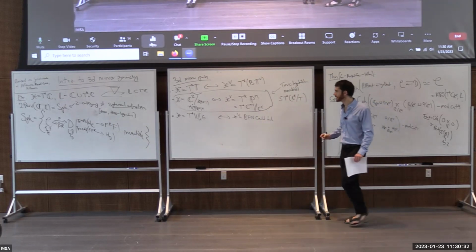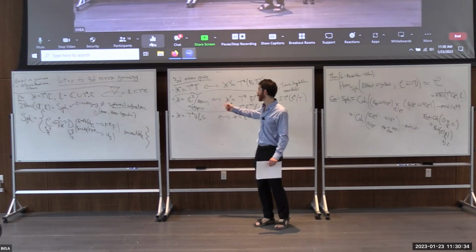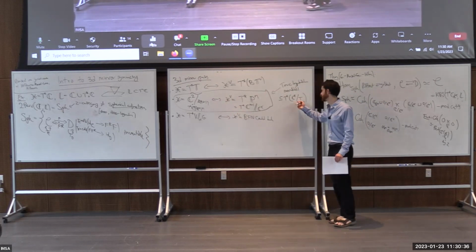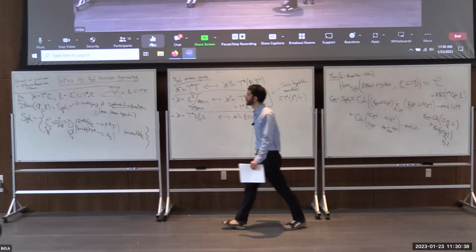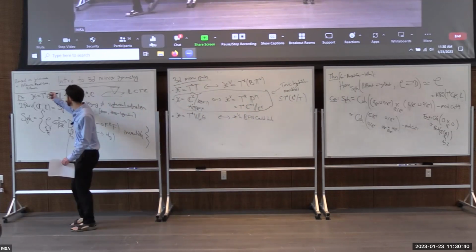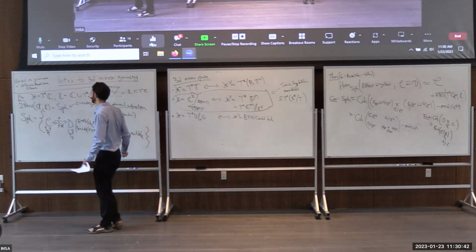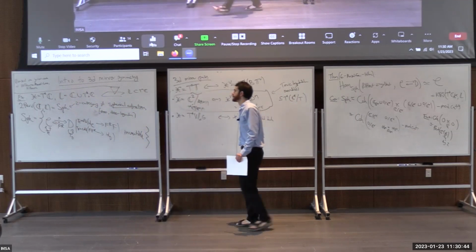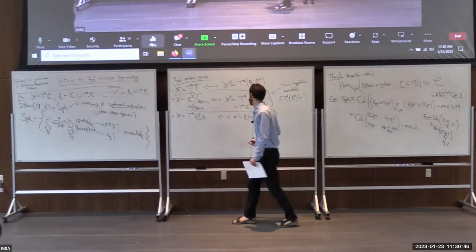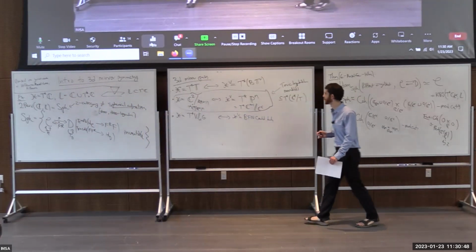So you can study these by studying the cotangent bundle of C to the n modulo torus, and we've just told ourselves how to understand the two categories associated to the cotangent bundle of C to the n. And in this paper, we also explain how to do it for C to the n modulo torus.